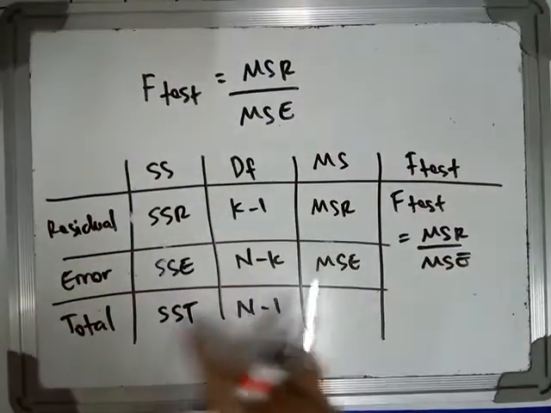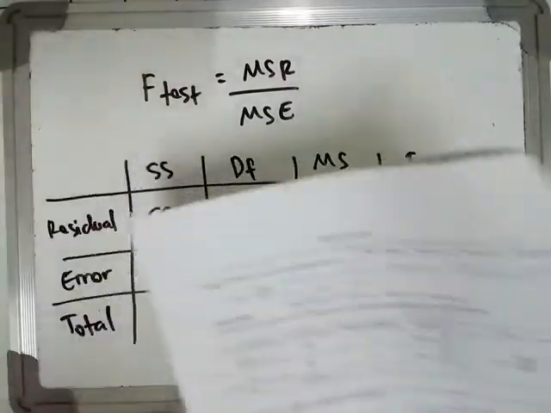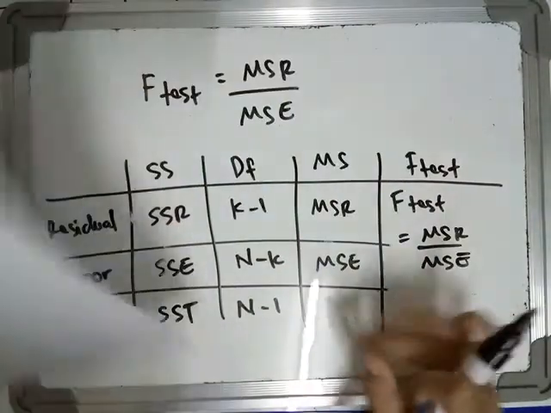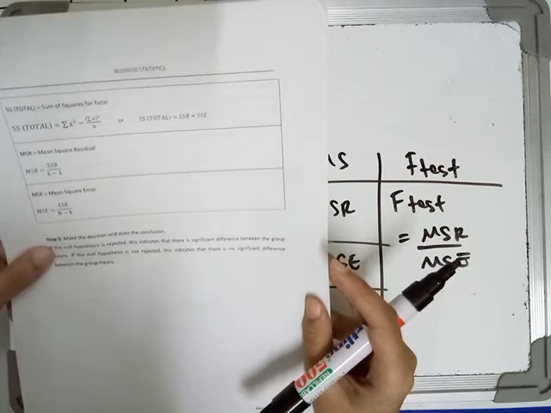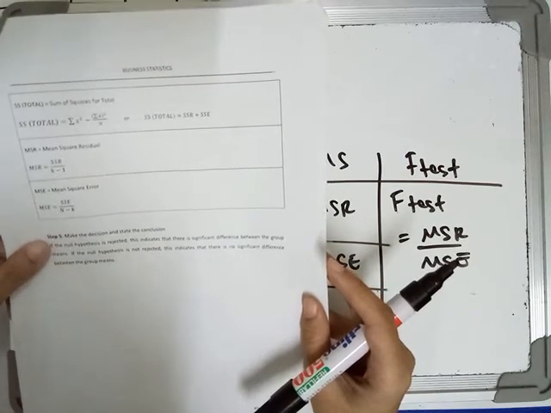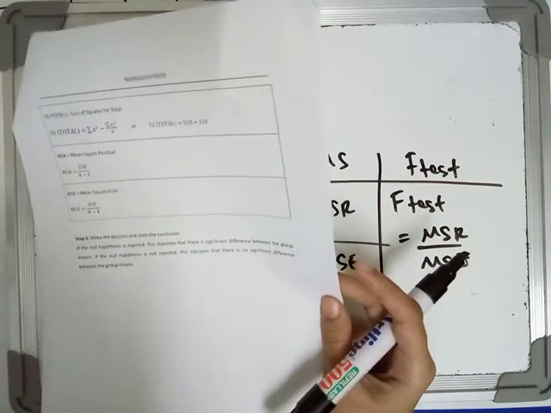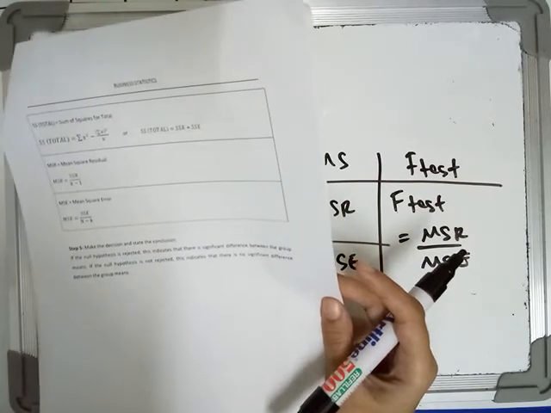This is step 4. The last step, step 5, is to state the conclusion. As usual, you have to state whether to reject or fail to reject H-naught.